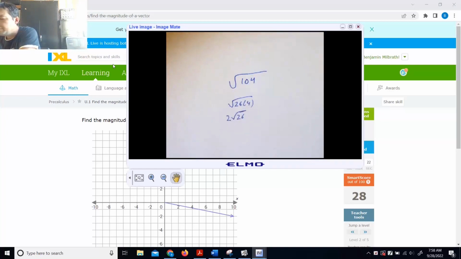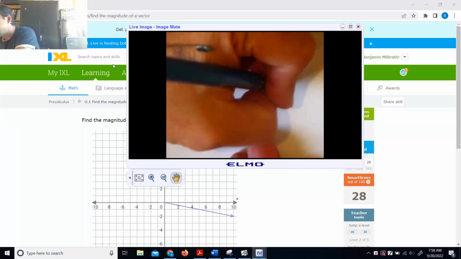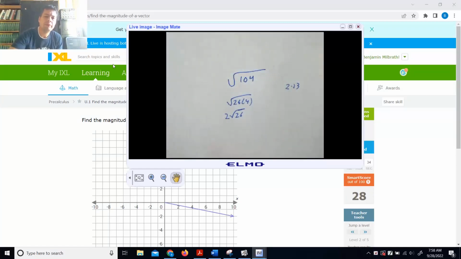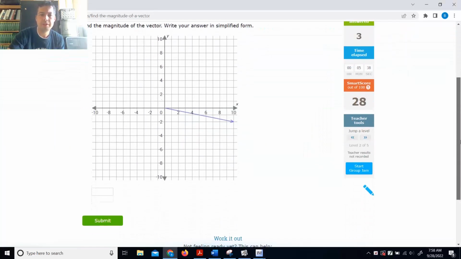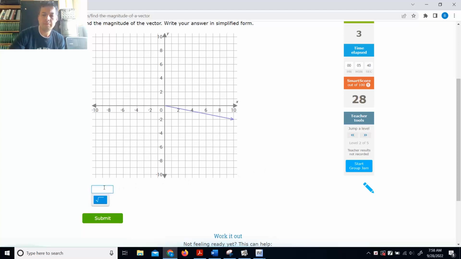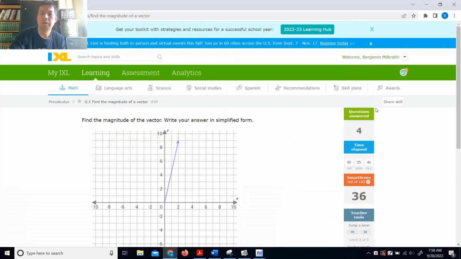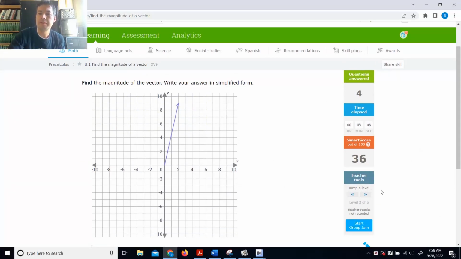That's what I've noticed as I've used it over the last couple of years. 26 is 2 times 13. You can't take the square root of 2, can't take the square root of 13, so that's as simple as it gets. Root of 104 turns into 2 root 26. Wonderful.